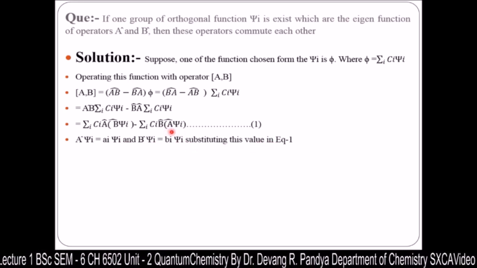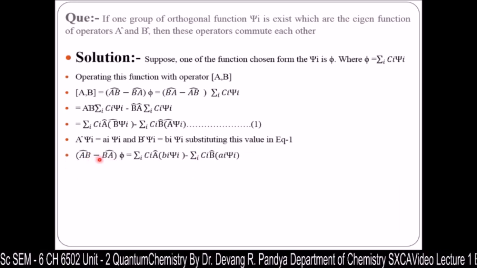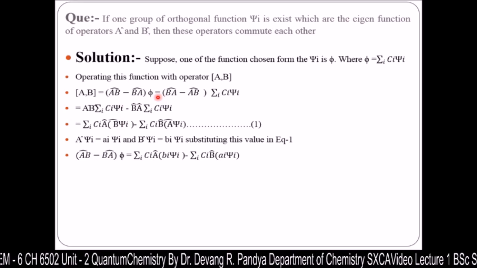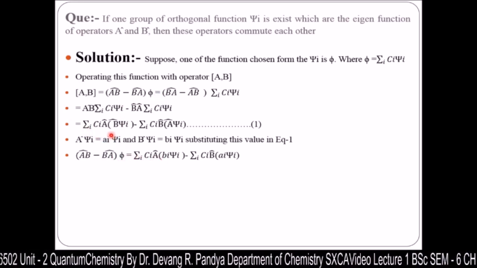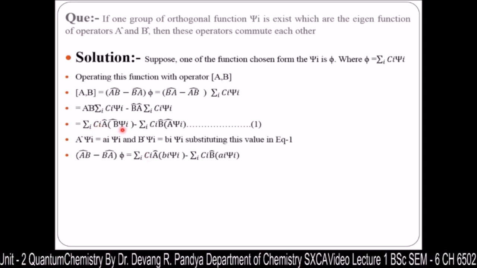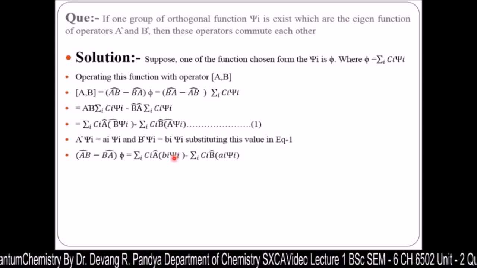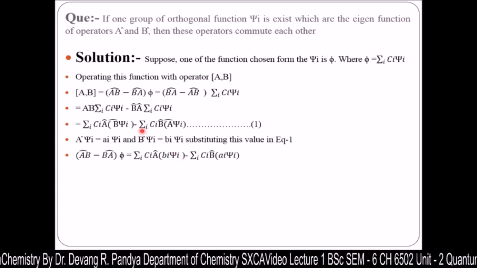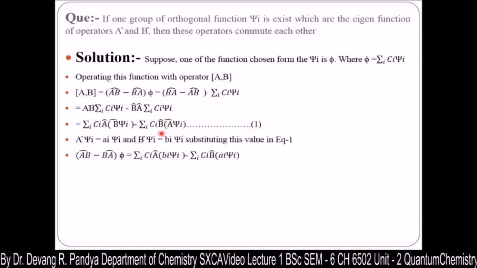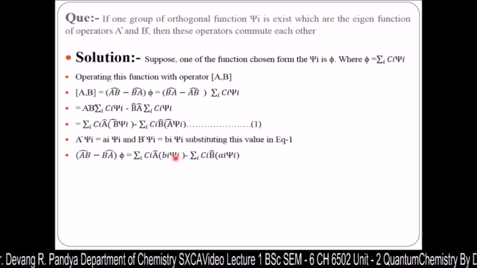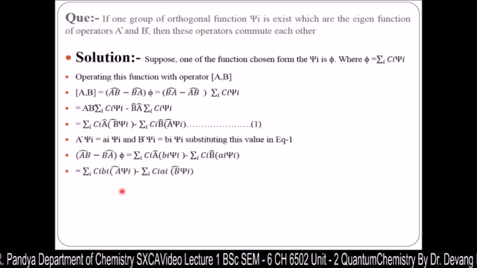Substituting this value in this equation, we are going to get AB minus BA phi is equal to sigma I Ci A. Now instead of B operating on psi I, we are going to put Bi psi I, minus sigma I Ci B. Now instead of A psi I, we need to substitute Ai psi I. So we have substituted Ai psi I over here.